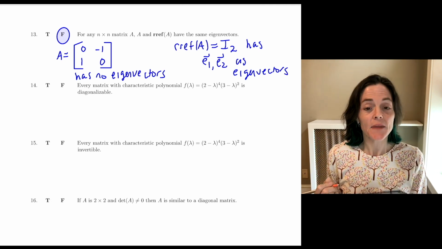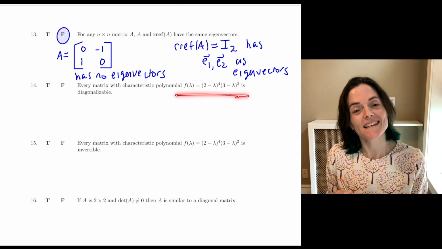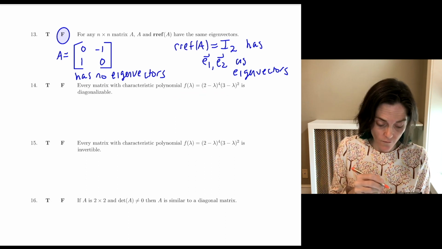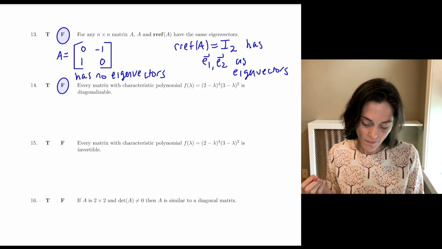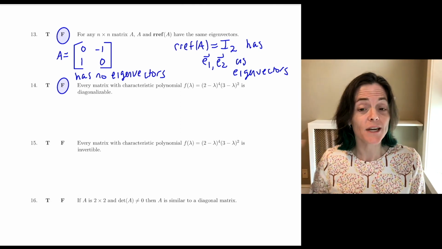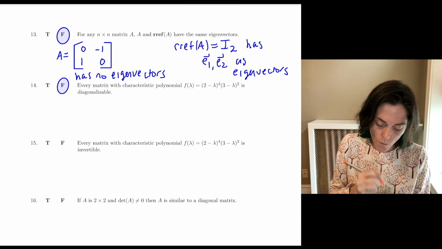Number 14, every matrix with this characteristic polynomial is diagonalizable. This is going to be false. It all depends, because we may not have enough linearly independent eigenvectors. I will just say it this way.